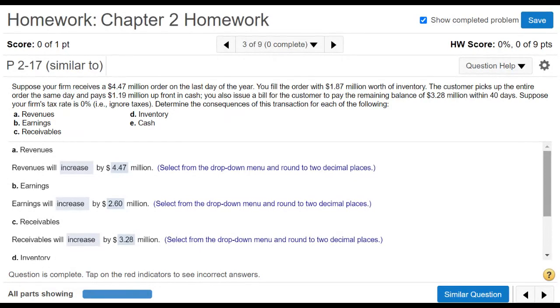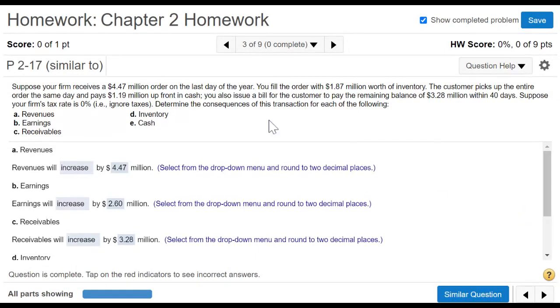Someone comes into the firm and places an order for 4.47 million. That's total revenue that comes in, and they want to fill an inventory of 1.87. Between the inventory and the revenue, earnings will increase by 260.